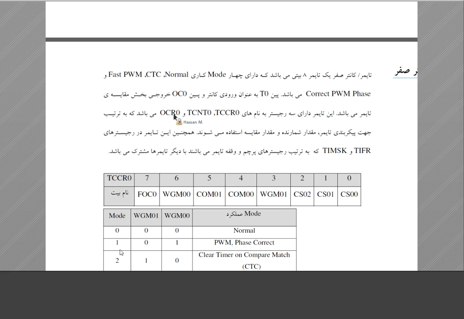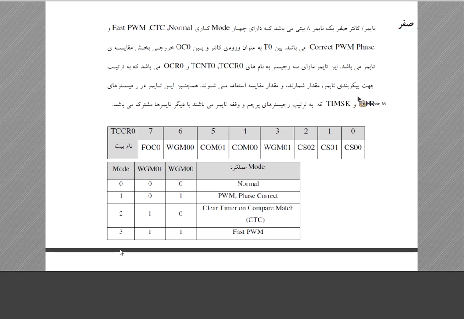And the third one, OCR, means output compare register. The TCNT value is compared with OCR each time in this mode. Each time the values of the two are equal, maybe we have an interrupt.